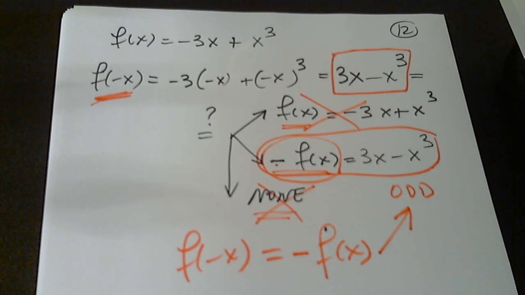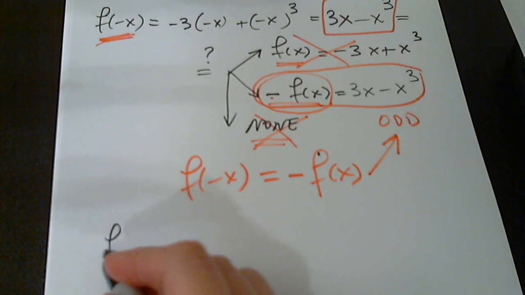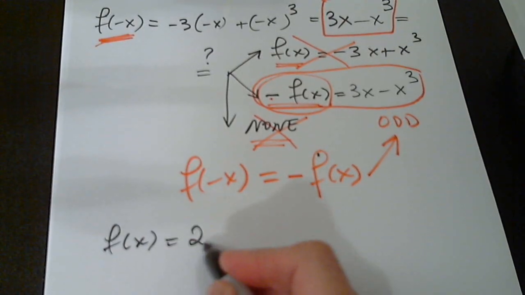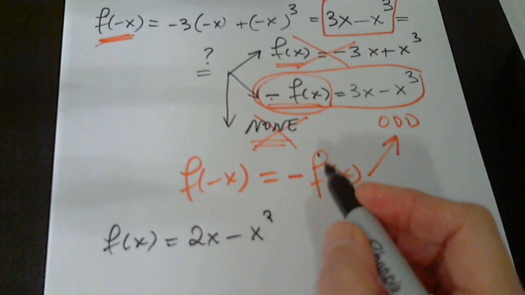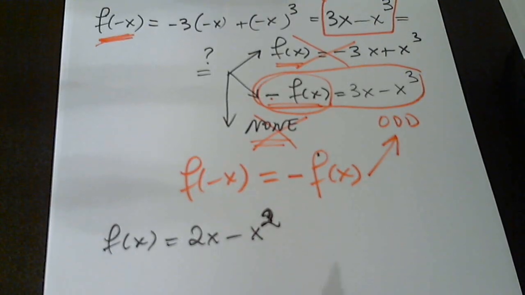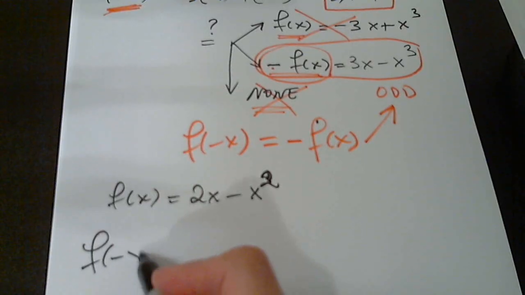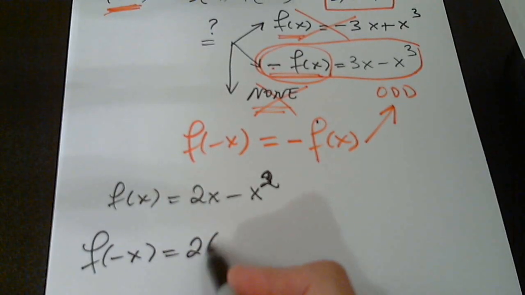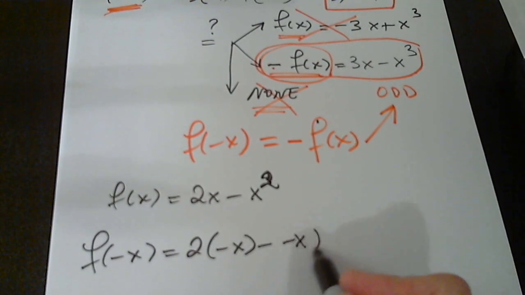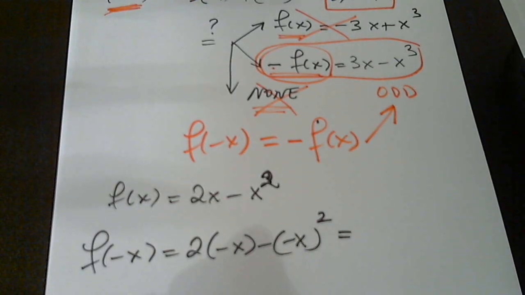Can you do one where it is none? Yes. Excellent. Good. I have to find f of negative x, which is 2 times negative x minus negative x squared.